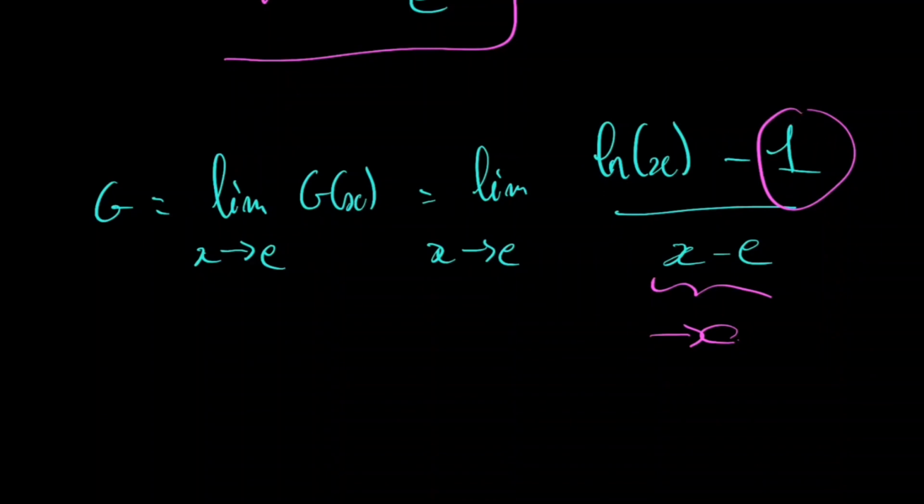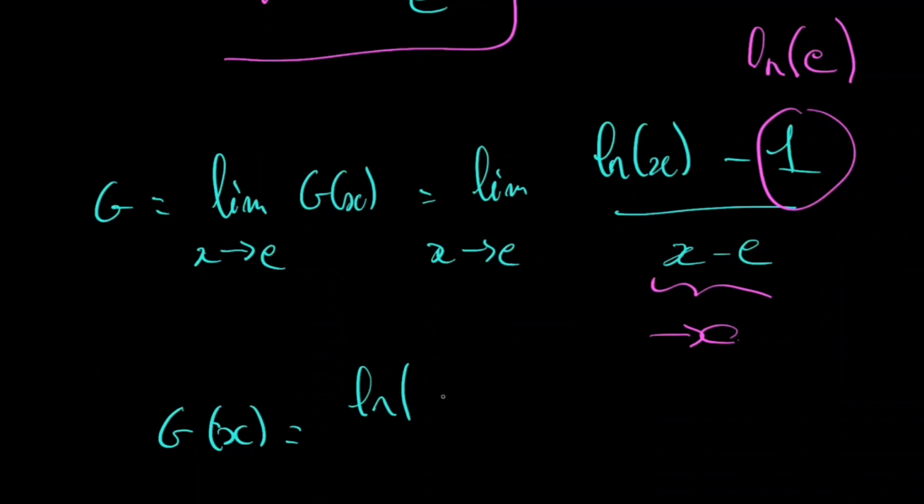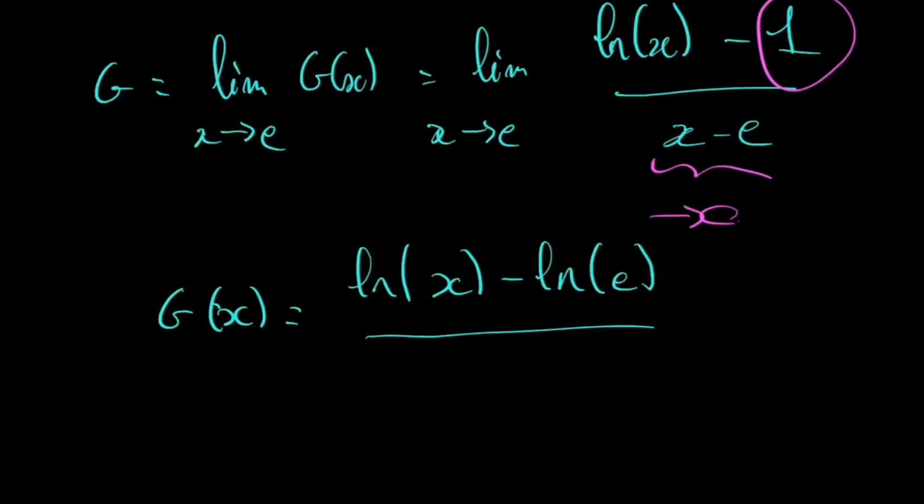And what is the one? The one is ln of e. So let's write down g of x as (ln of x minus ln of e) over x minus e.